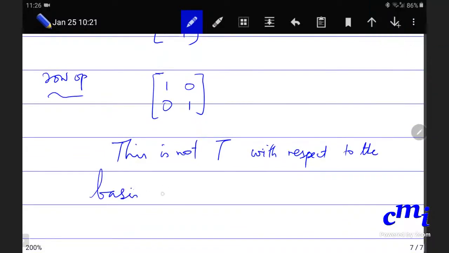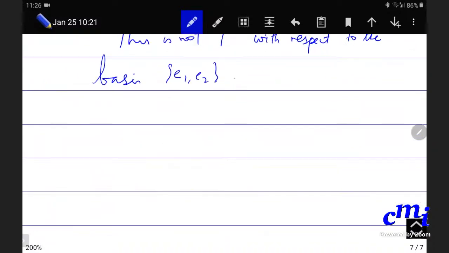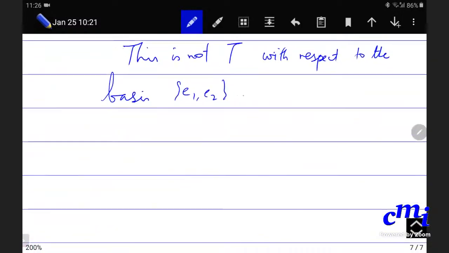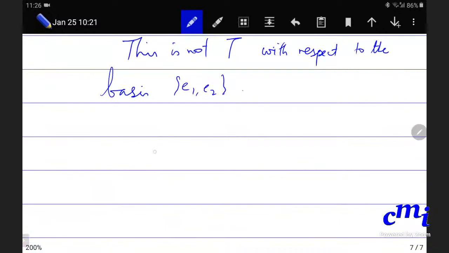With respect to the basis E1, E2, maybe I can quickly say why this is not the correct answer. See what did we do? In row operations, Gaussian elimination, this whole topic, what are we trying to do? We're trying to solve an equation.